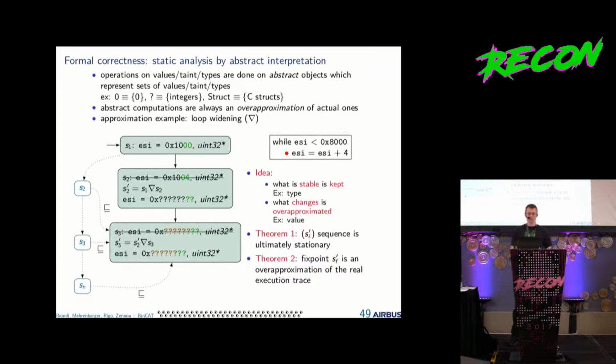So if you say ESI is unknown and the taint is unknown, any actual state from the execution will be in the set of the abstract state. So that's pretty neat. It means that you will not have to wait forever, but of course you lose precision, because at the end of the loop, you're like, I don't know the value of ESI. Thankfully, we have some techniques that allow for better precision, but we don't have time to present them right now.